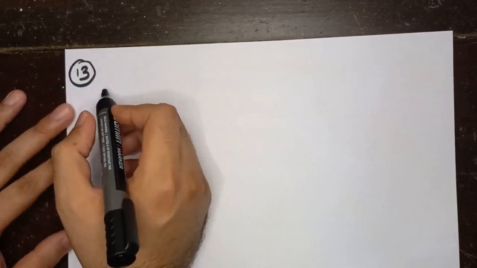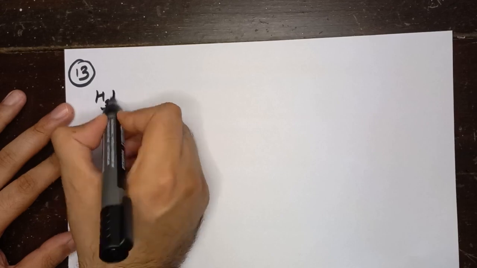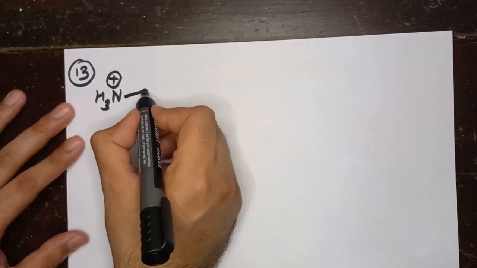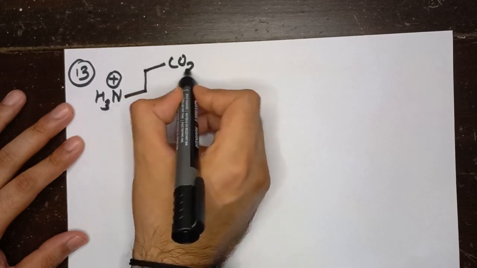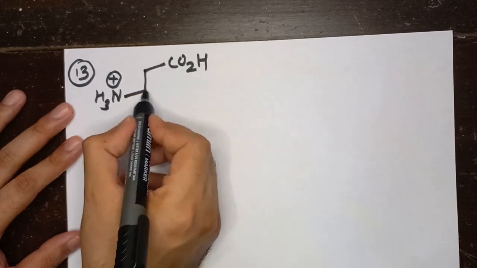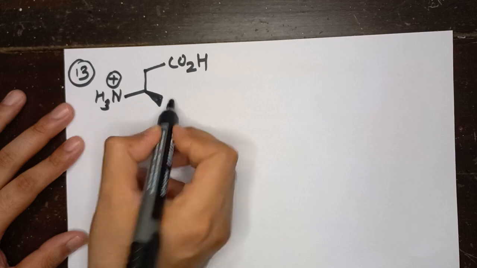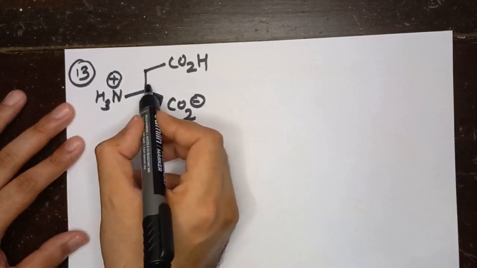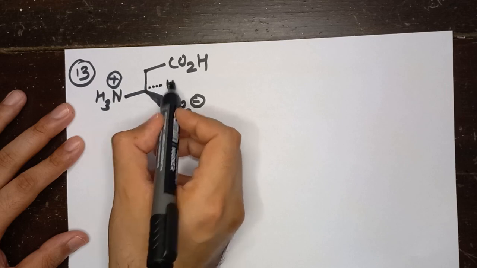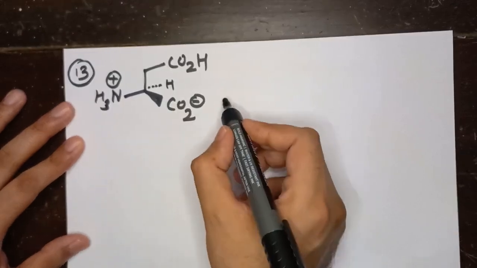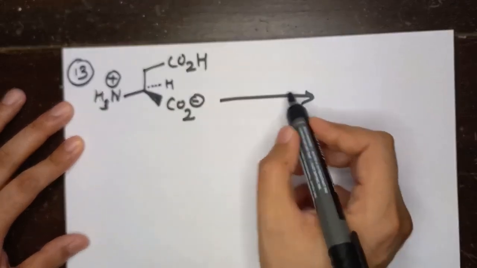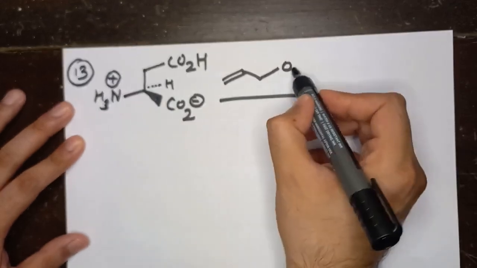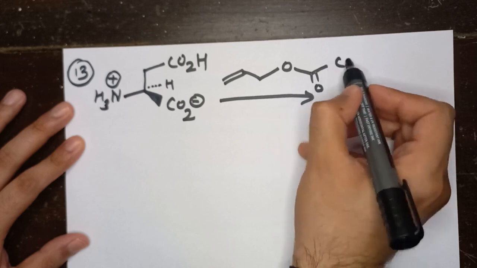So we have starting material as NH3 plus, an acid group here. We have above the plane CO2 minus and behind the plane hydrogen, and we are reacting it with this group.